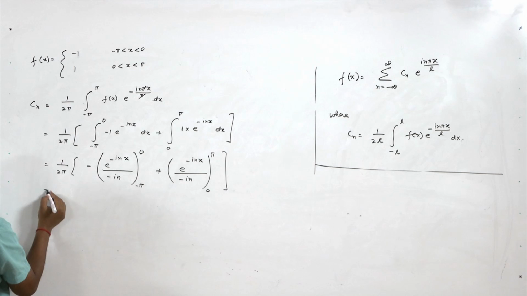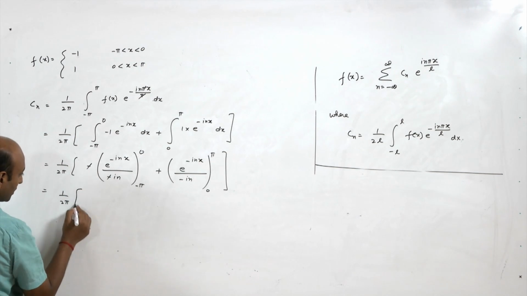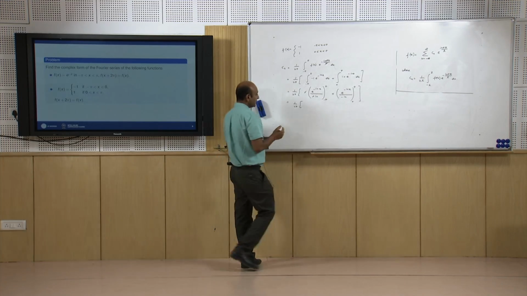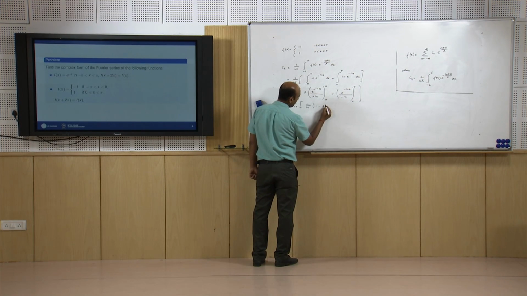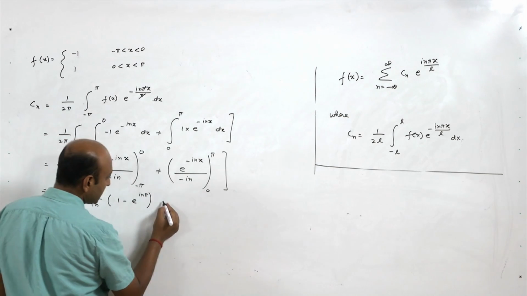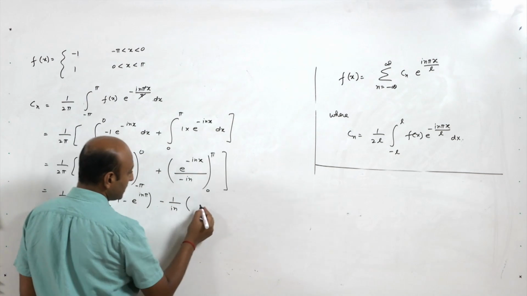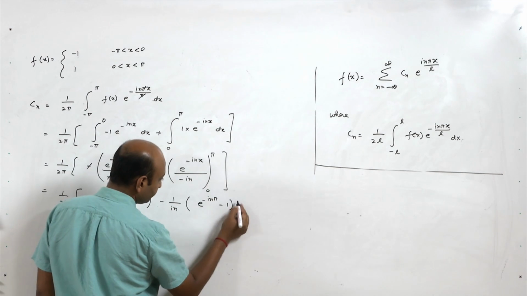It is further equal to, now negative negative cancels out, 1 upon 2 pi. Now, you apply upper limit minus lower limit. The upper limit is 1 upon iota n outside, 1 minus e to the power iota n pi, and it is minus 1 upon iota n outside, and it is nothing but, when it is pi, e to the power minus iota n pi minus 1.